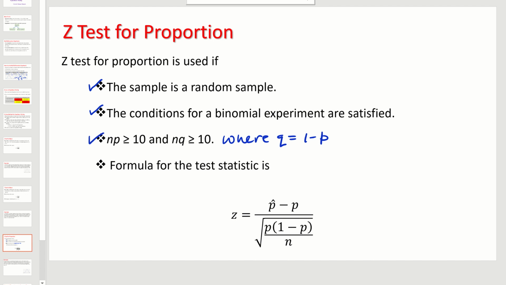And if all these conditions are true and we are performing the hypothesis test for the proportion, then the test value, which will be the z-score here, will be equal to p hat minus p divided by the square root of p times 1 minus p, all divided by n inside that square root. Let's take an example so that everything which is here will be clear.